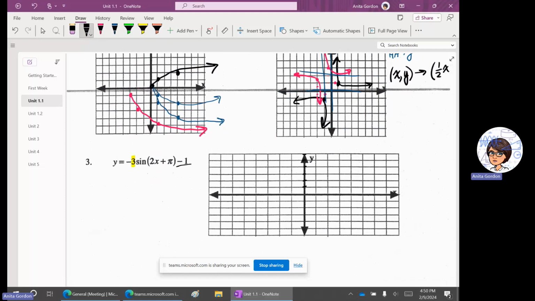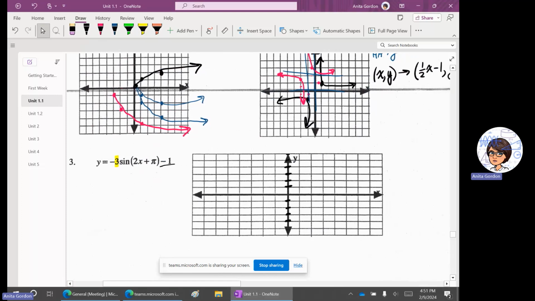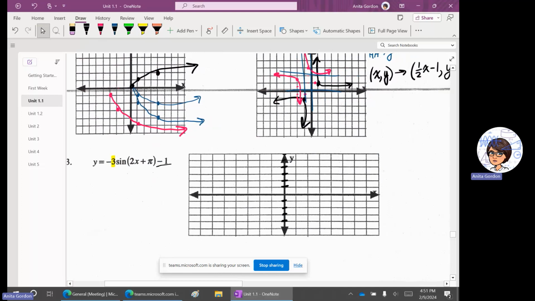Okay, it's going to be a bit of a squeeze, but I'm just going to make each box worth 1 on the vertical so that you can see all the different transformations. And then when I do my horizontal stuff, I'm going to stick with what I had. Let's call this pi by 2 and pi, 3 pi by 2, 2 pi, and the same going in the opposite direction.